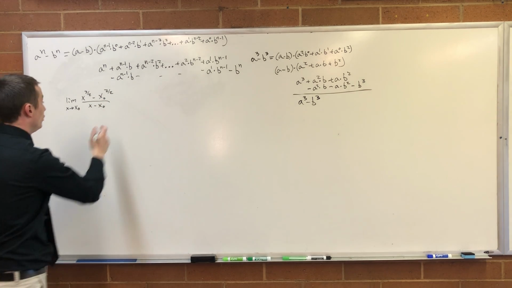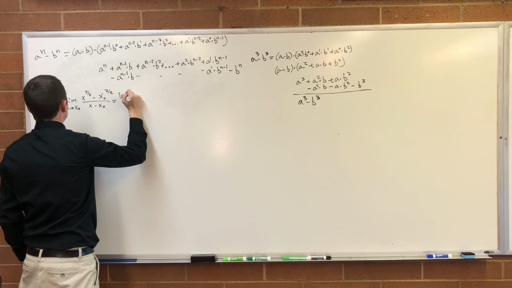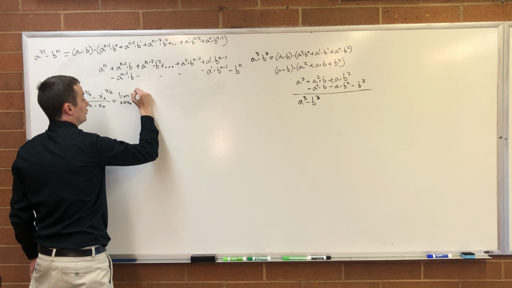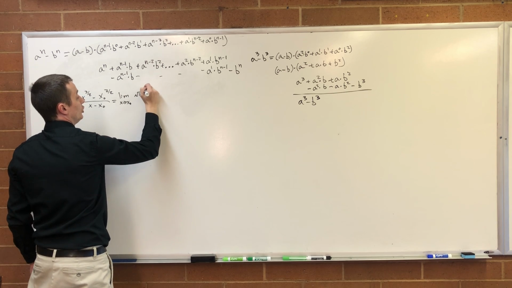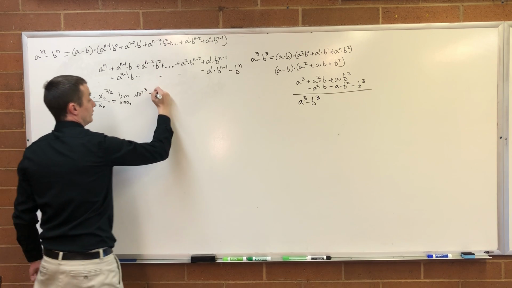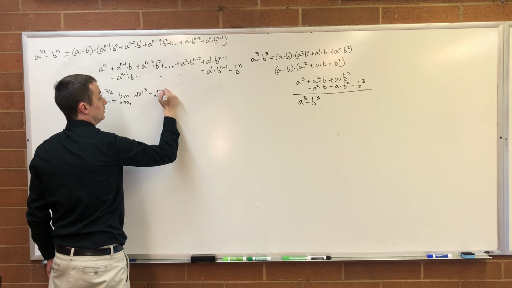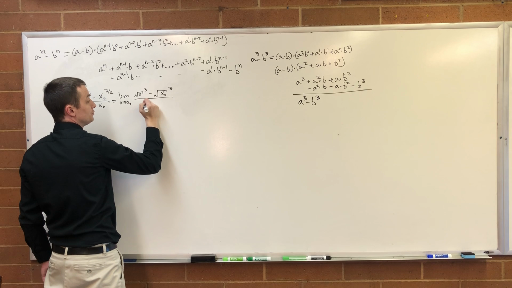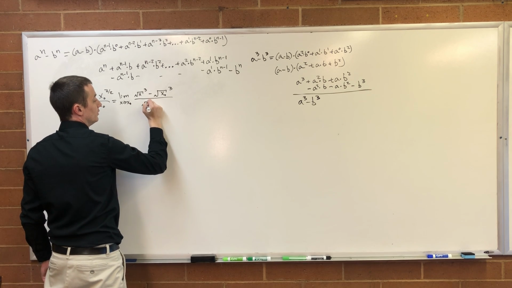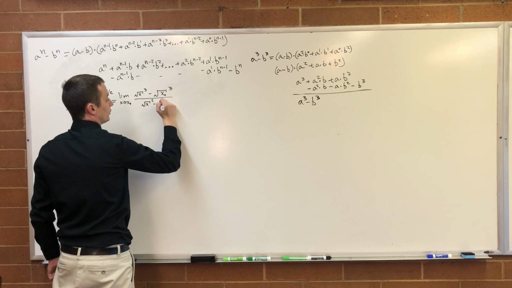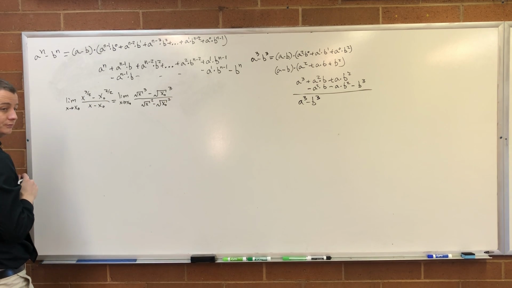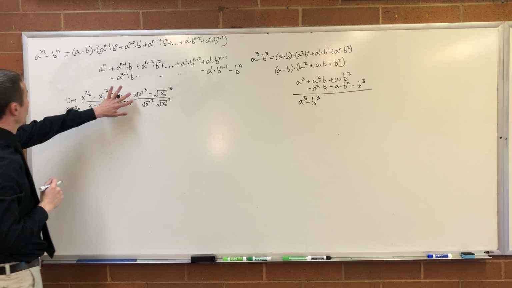And so we can rewrite this as the limit as x approaches x naught of the square root of x cubed minus the square root of x naught cubed all over the square root of x squared minus the square root of x naught squared. Now you see how both of these fit this formula.